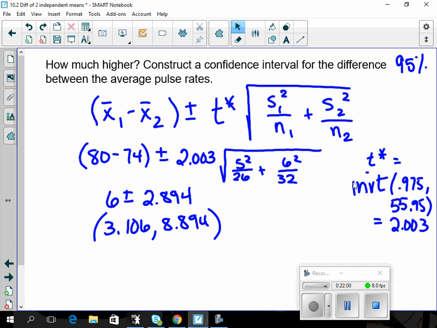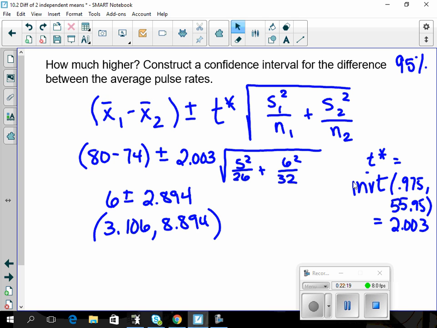Hopefully, this is what you got. Okay? Perfectly okay. I think the calculator does too. If you do a 2-sample t interval on the calculator, I think it does go out to 4 decimal places as well.